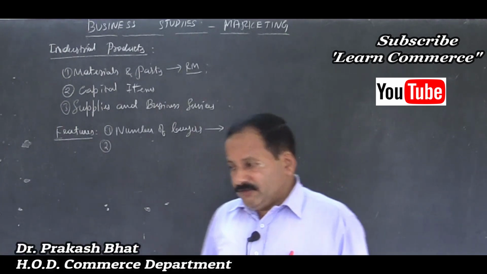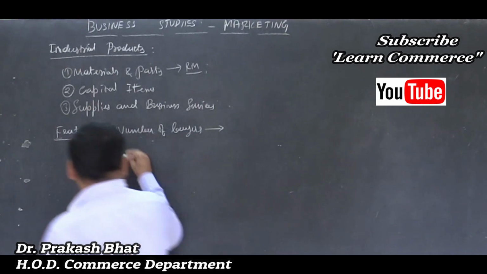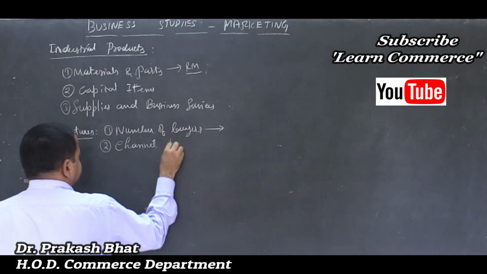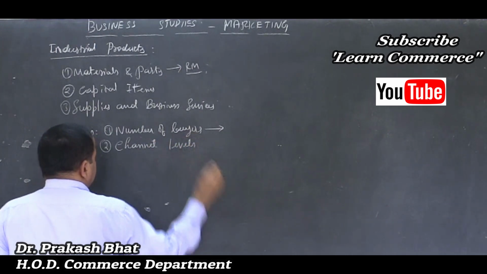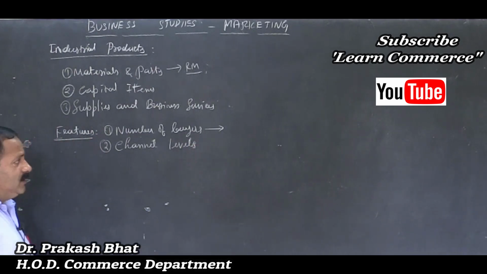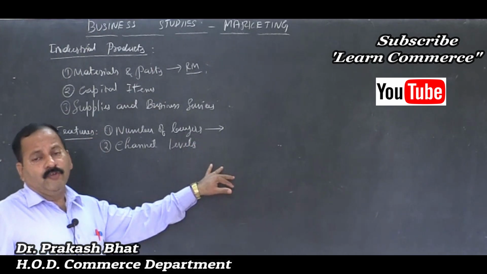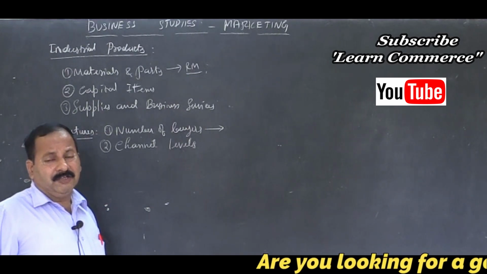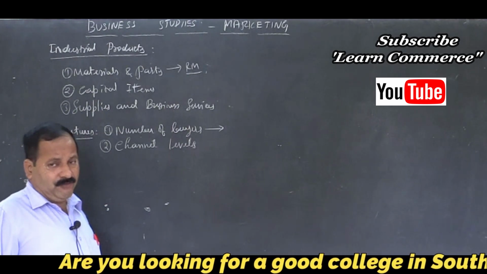Second one is channel levels. In case of industrial goods, the channel level is very less. Mostly there will be direct selling by the growers to the manufacturers, isn't it?